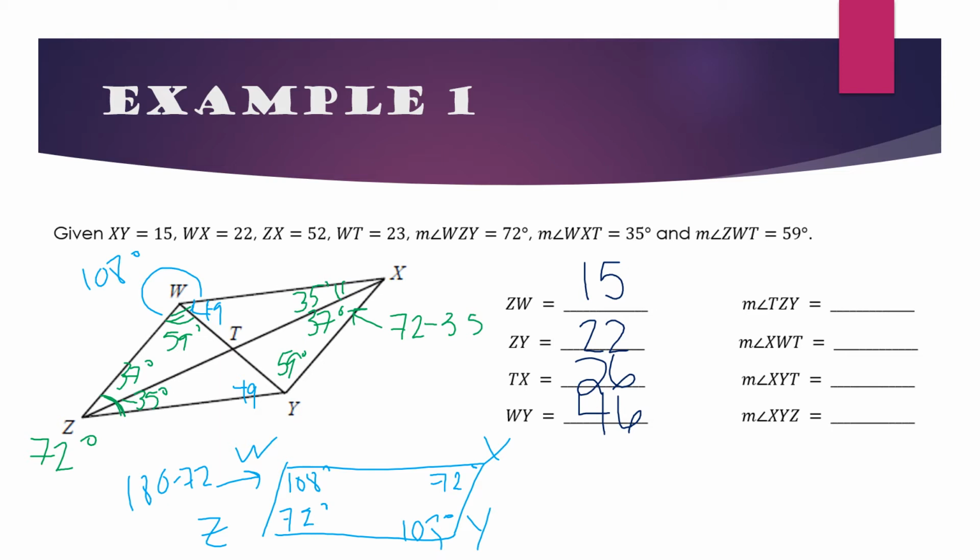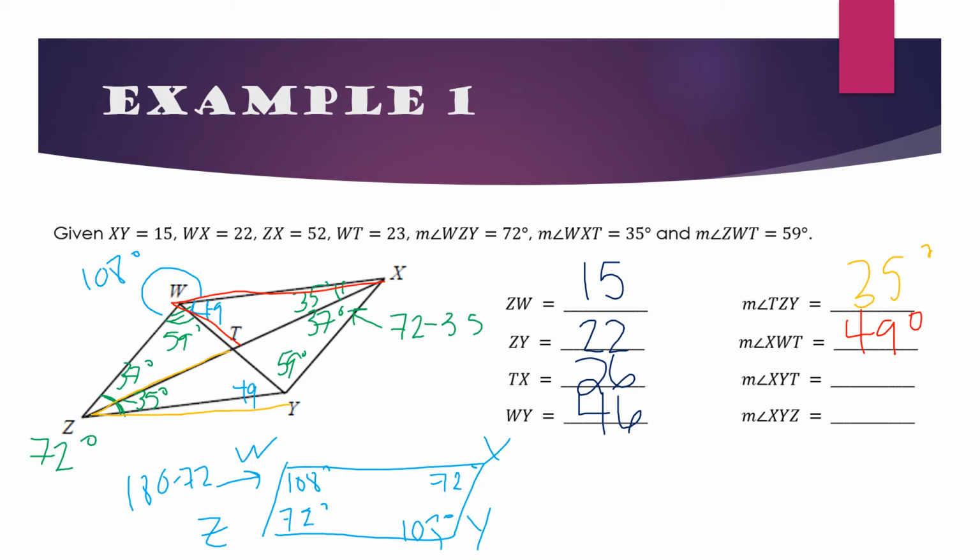So looking at what they ask us to find, they ask us to find TZY. So TZY would be starting at T, going to Z, and going to the Y. So we have 35 degrees. Next up, we have XWT. So start at X, go to W, go to T. We have that angle in there is 49 degrees.